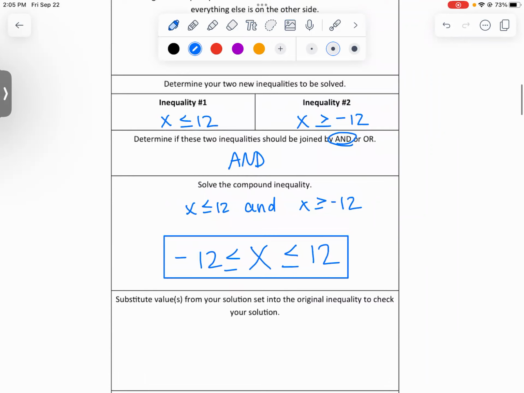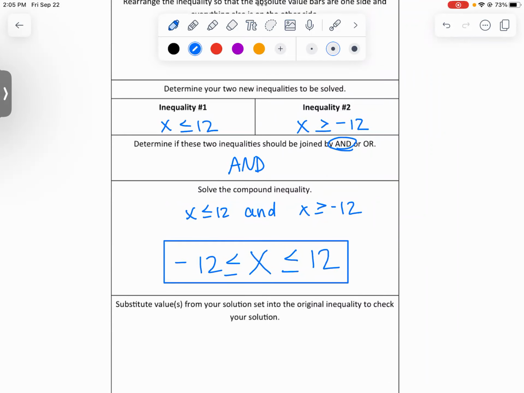You wouldn't have to. I'm just saying that you can. If you leave it like this, it's fine.